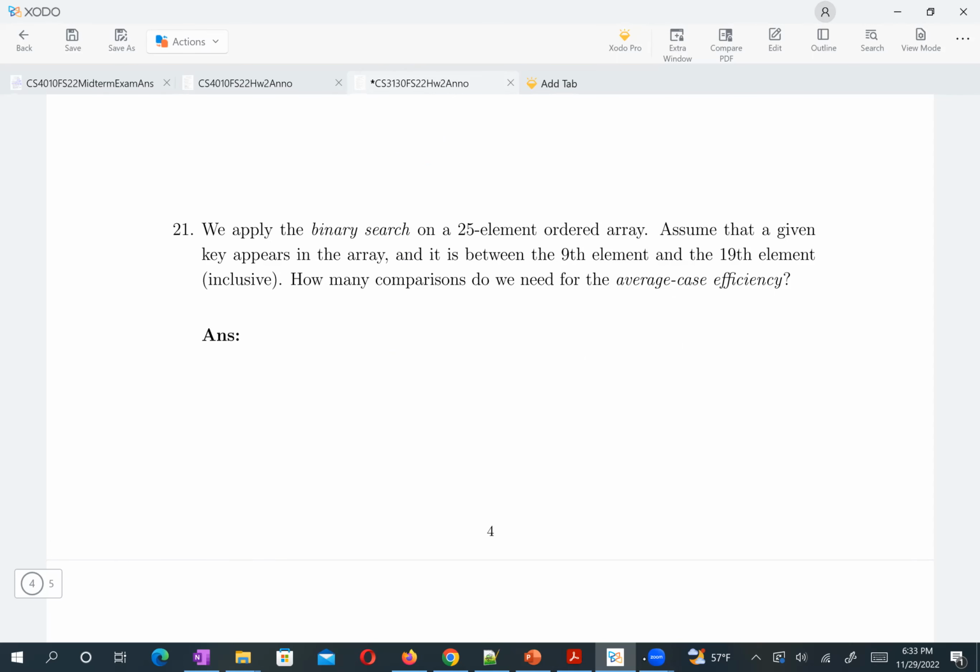Number 21. Binary search, 25 elements. There is a big assumption here.